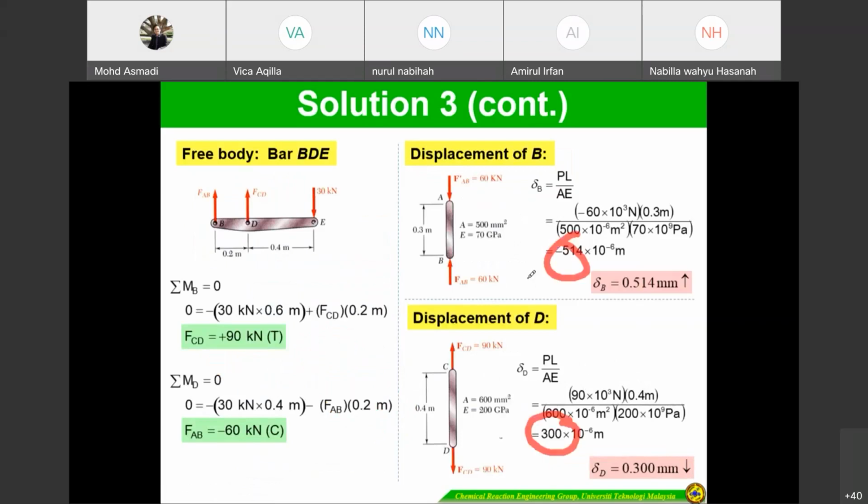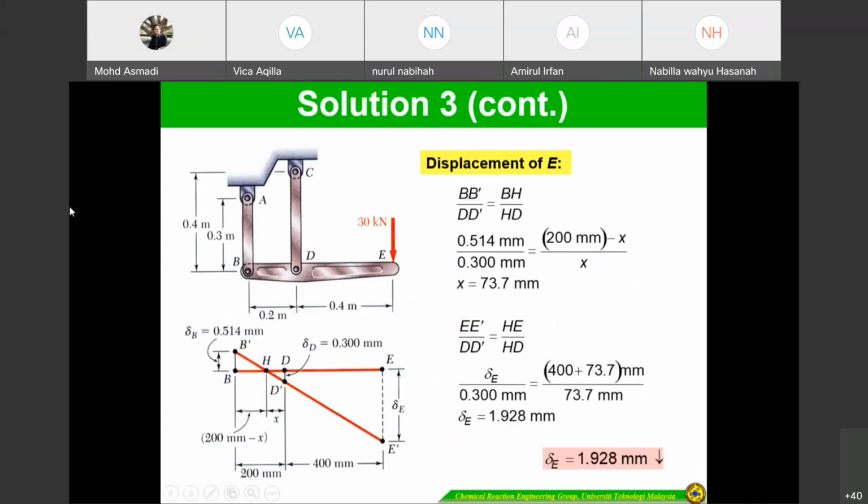So what we have to do is, if you look at here, this is BB', and BH. Divide by DD' and DH, just based on the ratio.